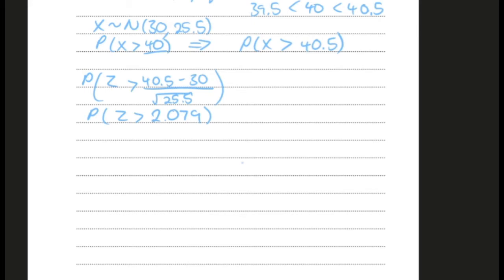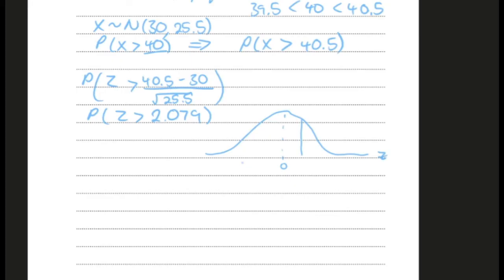We want greater than, our 0 would be somewhere here, and we're looking at z equals 2.079, and we want this region over here.